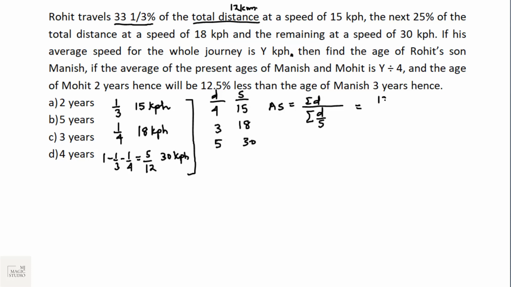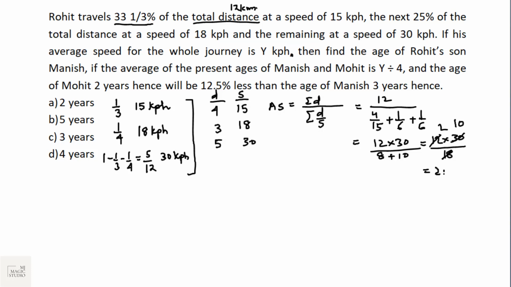So it would be 12 upon 4 by 15 plus 3 by 18, which is 1 by 6, plus 5 by 30, which is 1 by 6. So LCM of 15 and 6 is 30. I'm multiplying this by 30. 8 plus 5 plus 5 is 18. 12 into 30 by 18. 6, 2, 6, 3 and 10. That is 20 kph. Average speed is 20 kph. y is equal to 20.